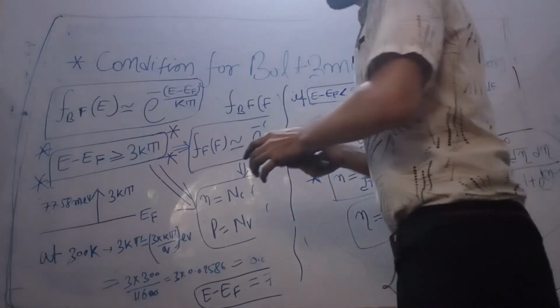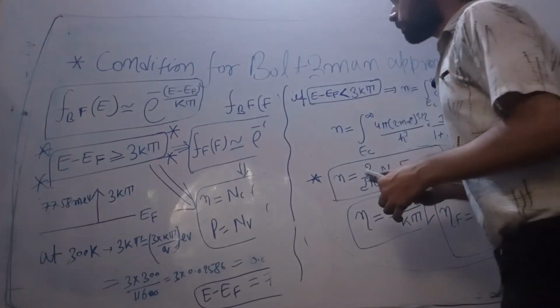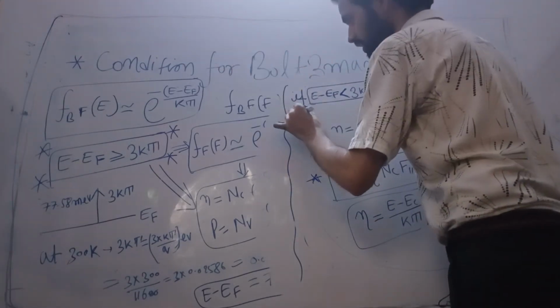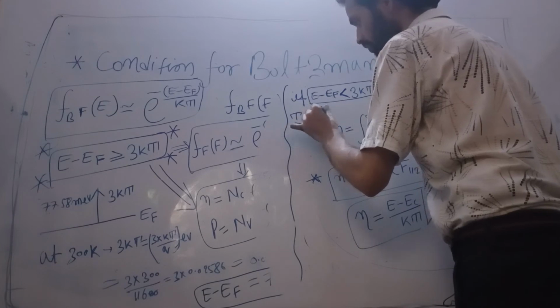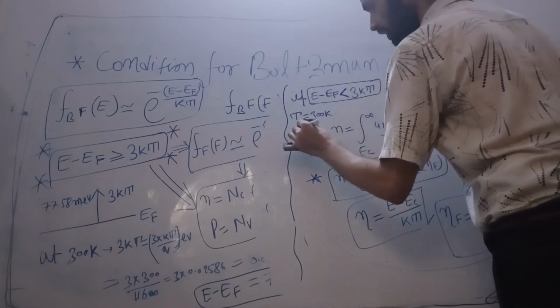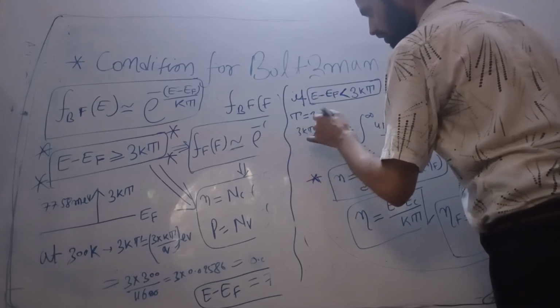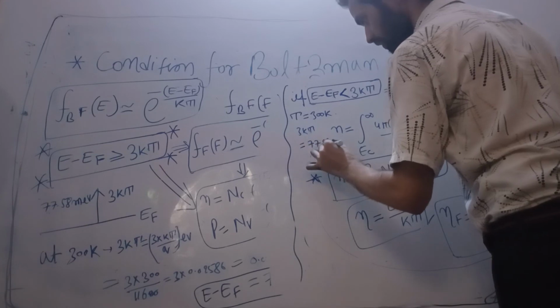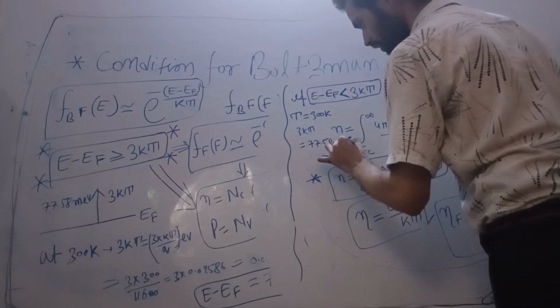When you are solving a problem, say room temperature, 300 Kelvin is given, just put 3 kT here. At room temperature this is 77.58 milli electron volt.